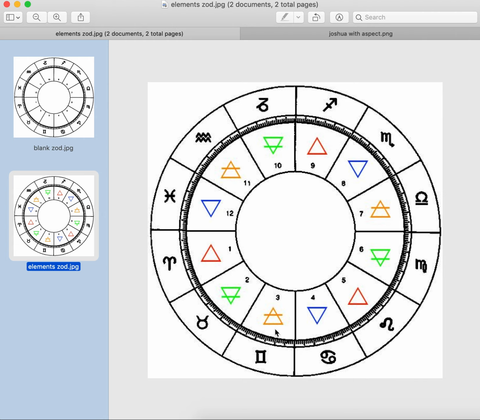And so we see that sort of shift in the elements across the elemental cycle of the signs, where we start out with this primary positivity, secondary positivity, and then we sort of mix our way across to primary negativity and secondary negativity. So that's a little bit of an introduction into those elemental glyphs.